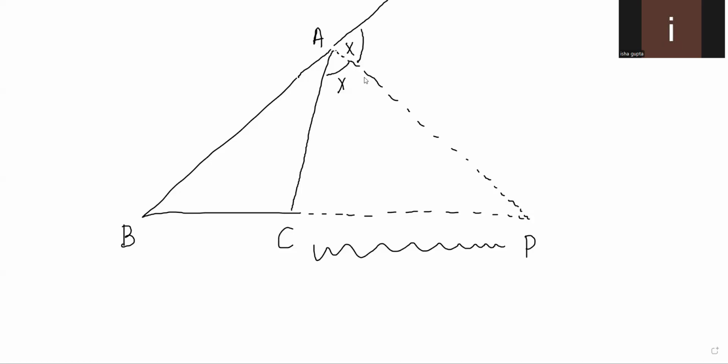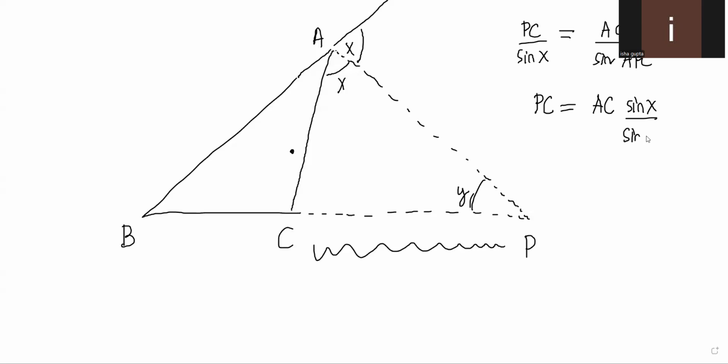PC by sine x is equal to AC by sine of this angle APC, which we can call y. So PC is AC sine x by sine y.